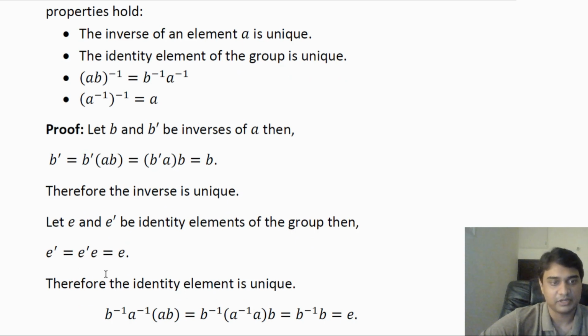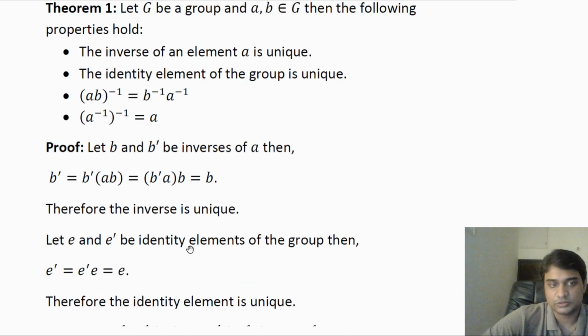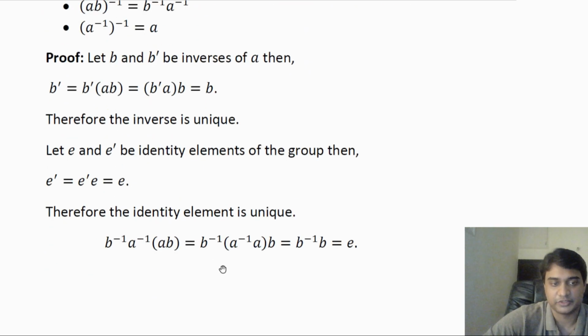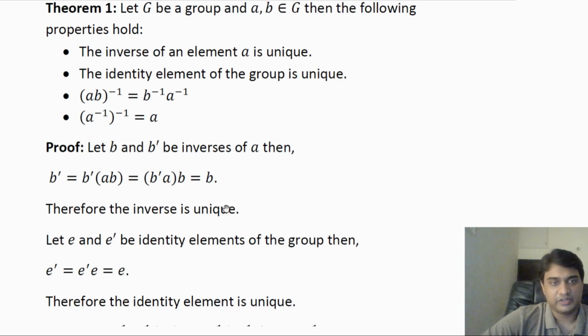Also, since e prime is an identity element, this e prime times e is equal to e, because an identity element times any element is the element itself, right? So we have the equation e prime equals e. So the identity element of a group is also unique. And the third property is also a very basic proof.